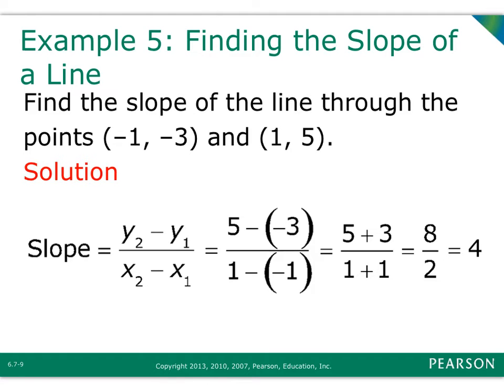On the denominator, we have x2, which in this case is 1, minus a minus 1. Therefore, we have 5 plus 3 divided by 1 plus 1, which is 2. So 8 over 2 is equal to 4. Our slope for a line going through the points -1, -3, and 1, 5 is equal to 4.